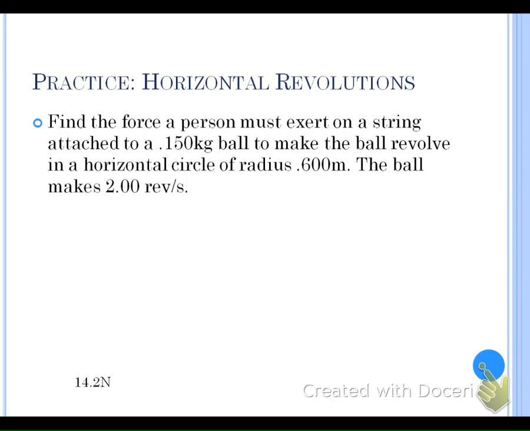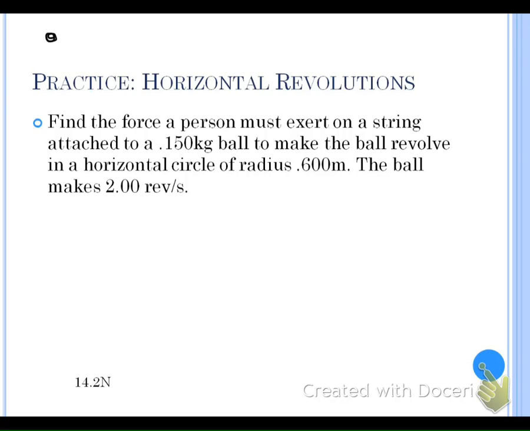All right, since we're dealing with forces, we're going to have to go back to a free body diagram, and the free body diagrams for these objects are pretty simple. This is an object on a string that's rotating in a horizontal type pattern. This is an example in your book on page 117. If you want to follow along or look at the full free body diagram there, you can.